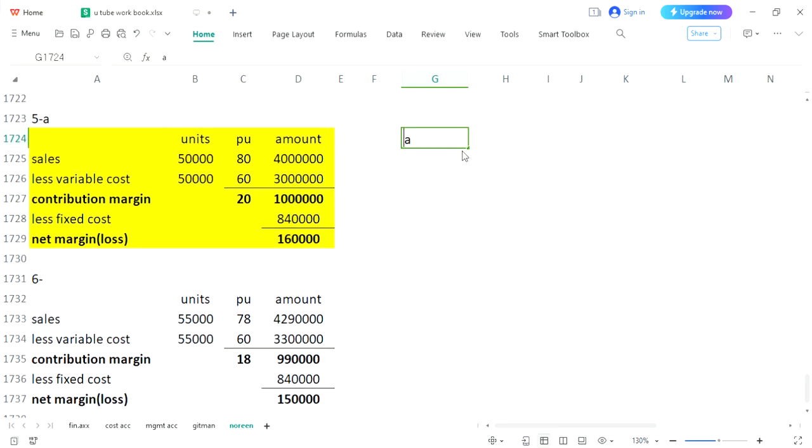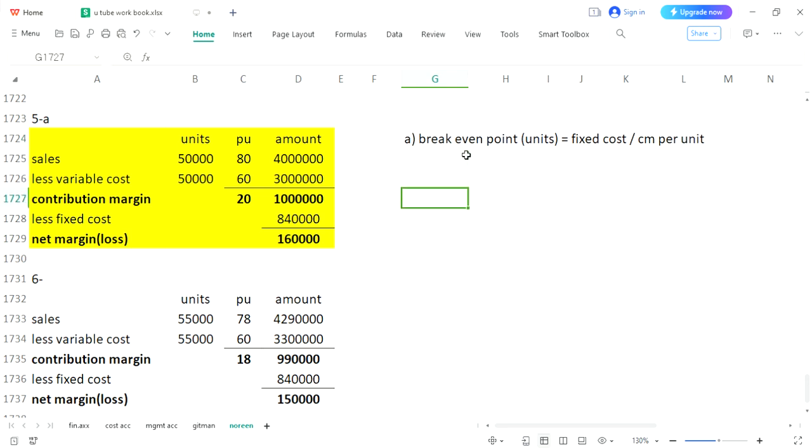First, the break even point in terms of units would be calculated over here, and the formula for which is you need to have fixed cost, and that would be divided by CM per unit.